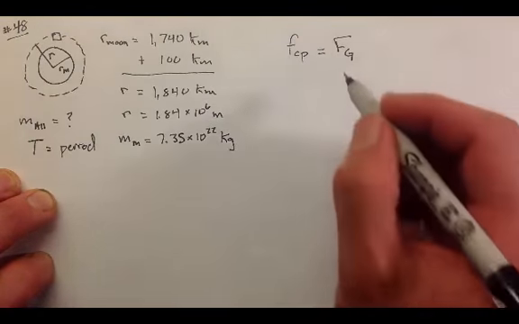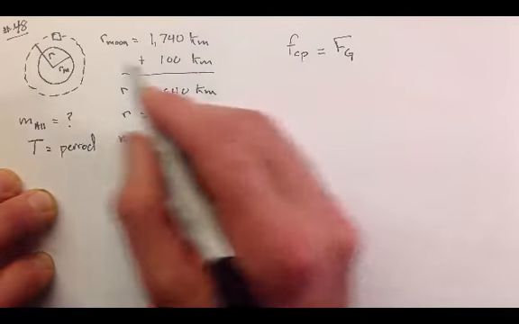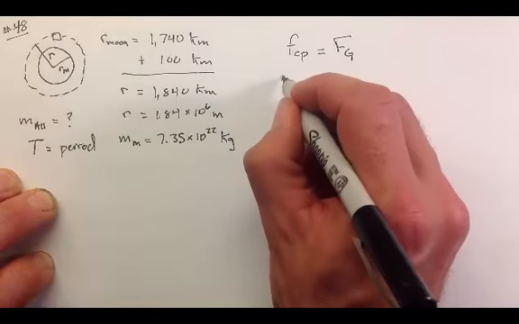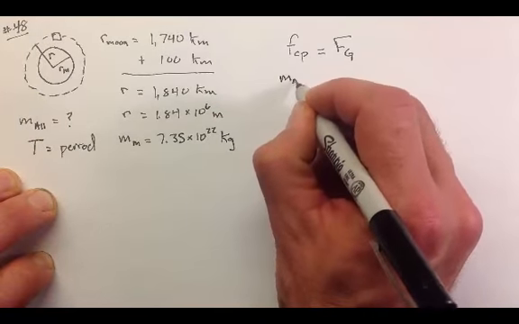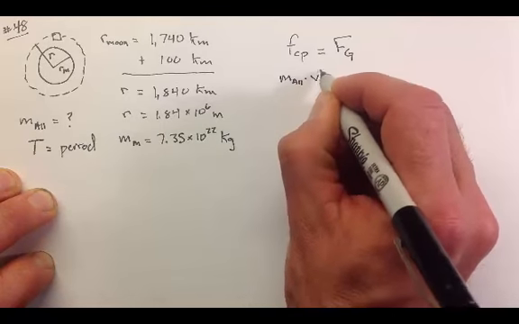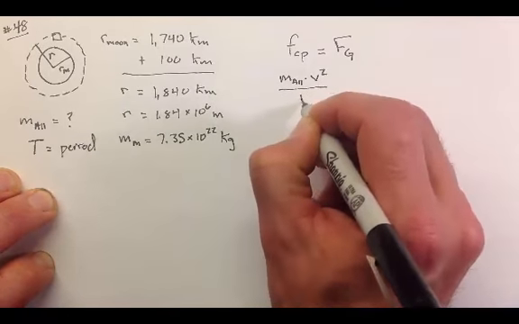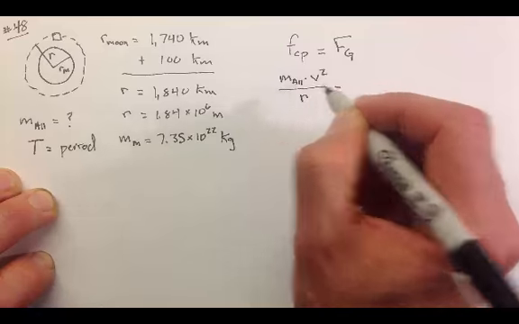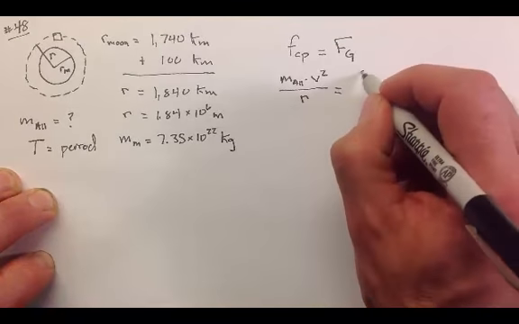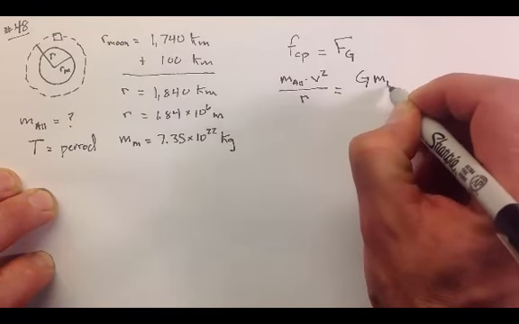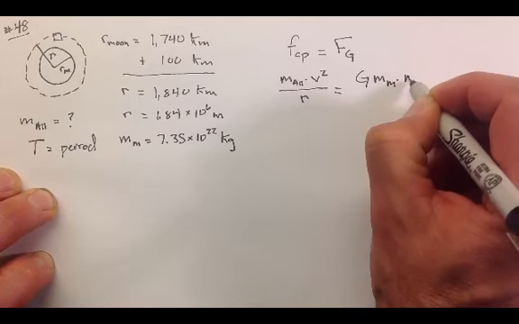So I got this nice little equation here. All right, so if this is Apollo 11, the mass of Apollo 11 times its speed squared divided by its radius, right? The formula for centripetal acceleration would have to be equal to the force of gravity.